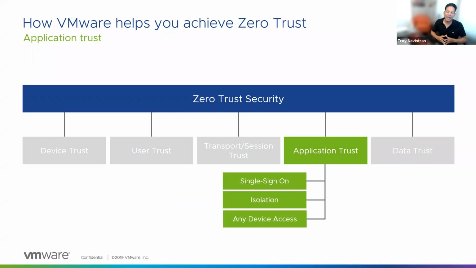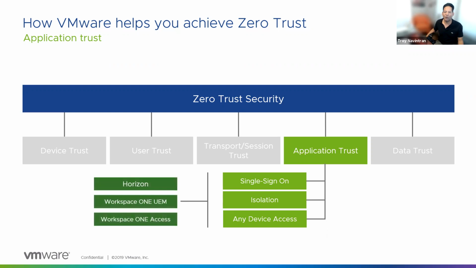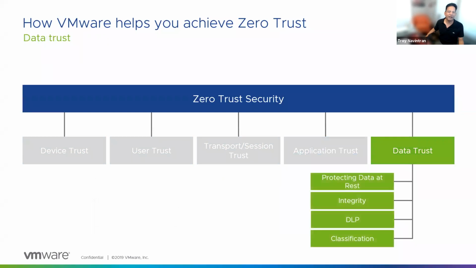We can also isolate applications, or line of business applications that are developed in-house, that perhaps are legacy and don't have the Zero Trust framework built into them, right? We can do this across any device on any operating system. Products that map directly to application trust are our Horizon, our Workspace ONE UEM platform, and our Workspace ONE Access. And finally, we need to ensure that data always stays secure and protected.